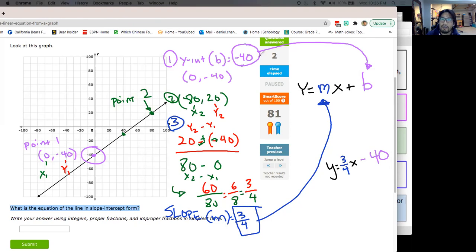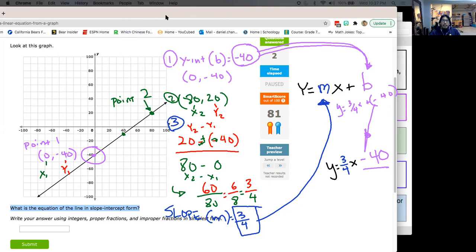So when you substitute that -40 in for the letter b, you basically get y equals 3/4 x plus -40. Plus -40 is the same as just minus 40, right? So don't write the equation as plus -40. Just take the negative y-intercept and put it right in there.